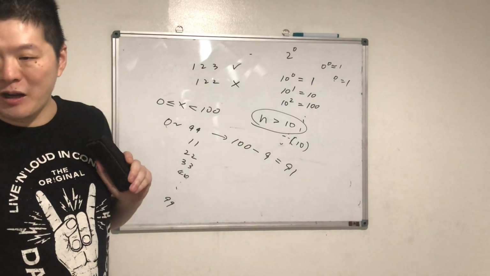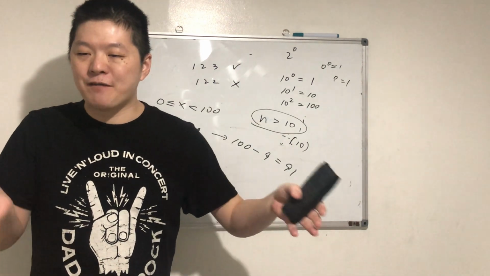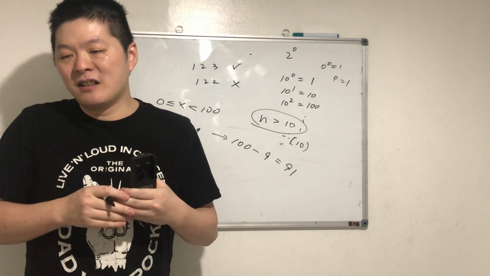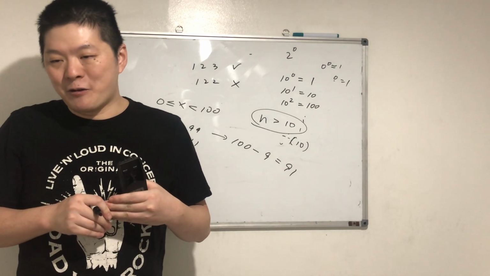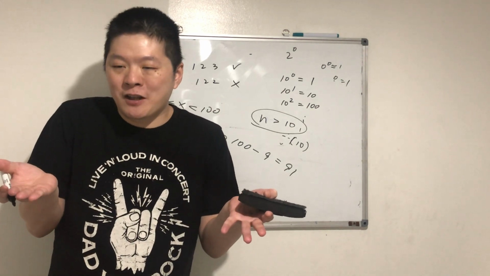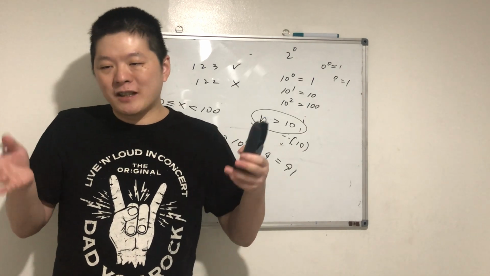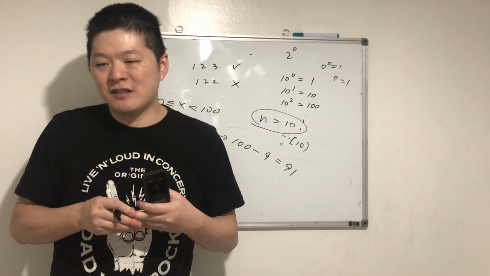Why is that? Because if n is 11, you can't find any 11-digit number with unique digits. Am I right? Because how many digits altogether have you got? 0 to 9, how many?